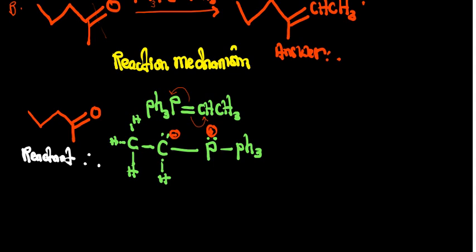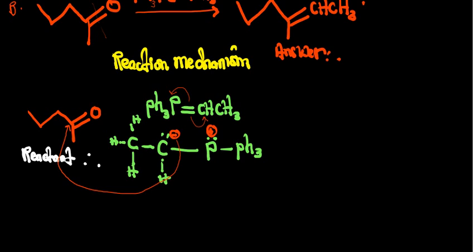That's it. So this carbon here, we're going to have an attack, where the carbon here, which is negatively charged, attacks the carbon which is double bonded to the oxygen.